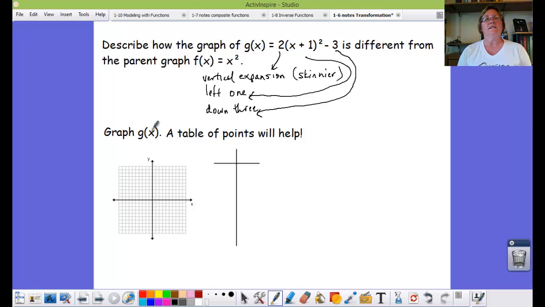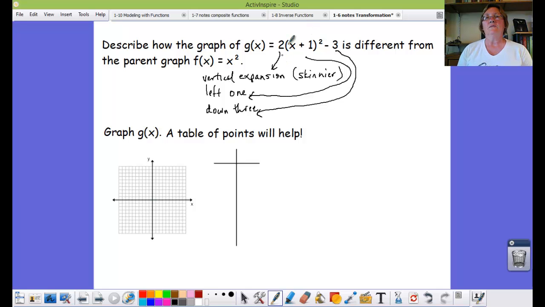Now the next activity asks us to graph the function g of x, and I'll tell you folks, if all we had here were a left and down, what I would do is plot the parent function, the parabola, and we know how that one grows, and then just move points left and down.